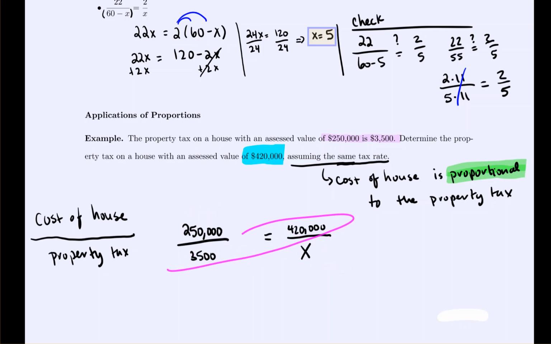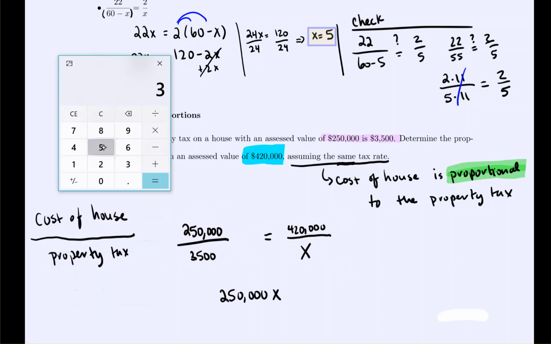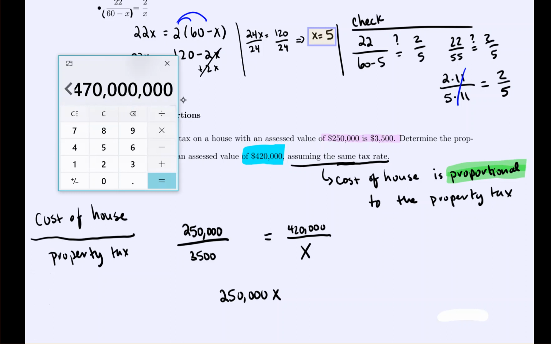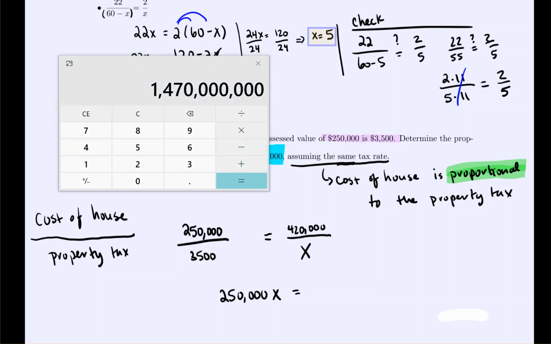So we have set up a proportion, and we can solve this proportion as before by cross-multiplying and solving for X. Here we'll definitely want our calculator, so 250,000 times X would be 250,000 X. Now 3,500 times 420,000 would be equal to this number.